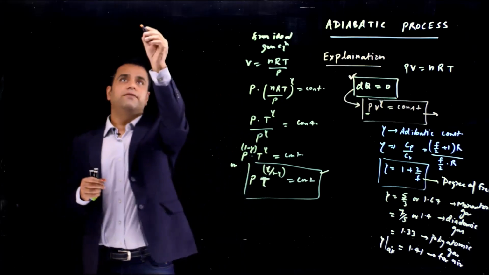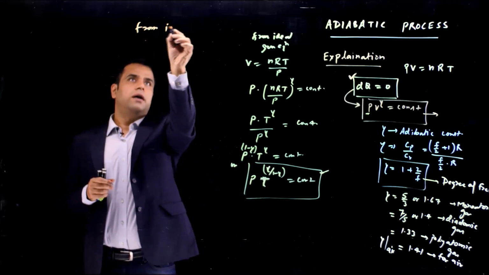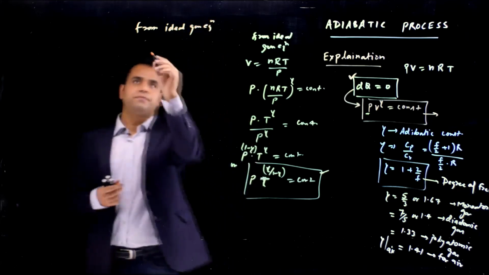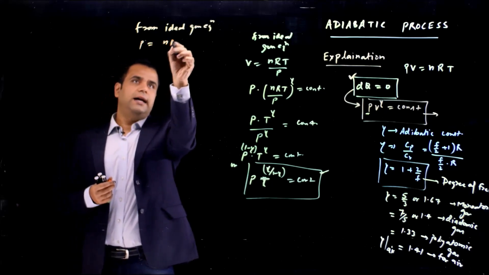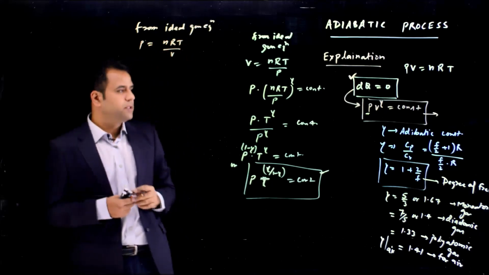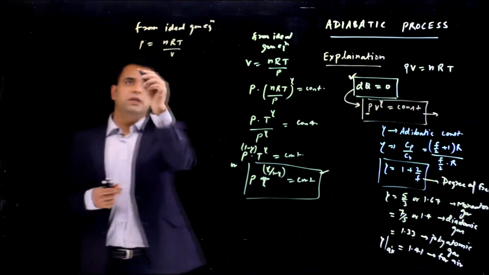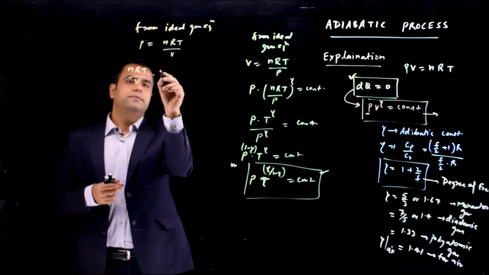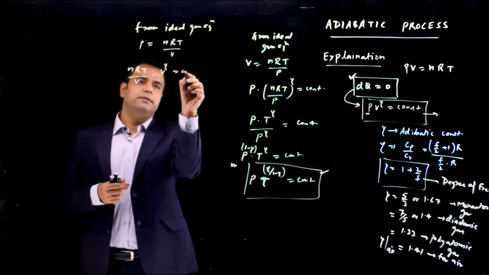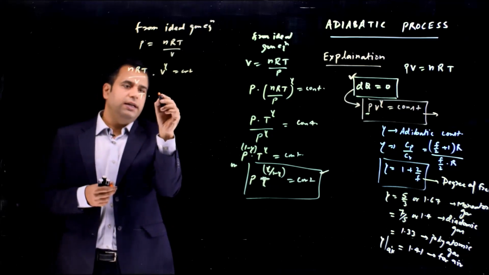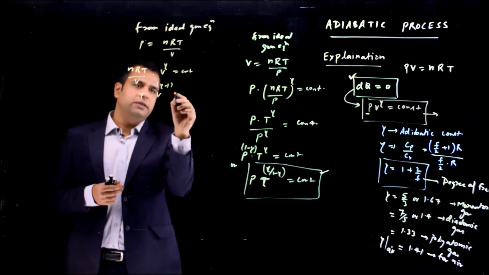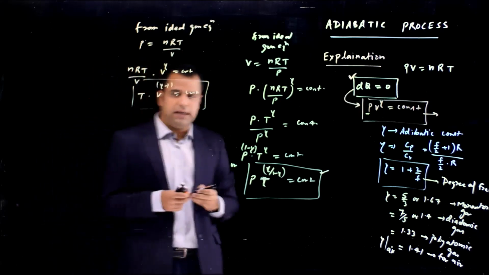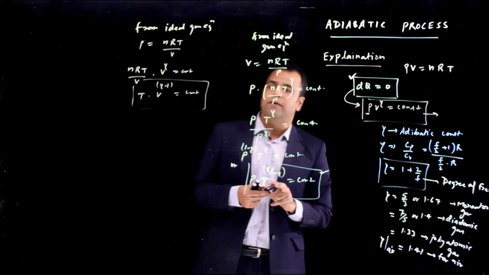Again, from the ideal gas equation, the value of P is nRT upon V. If we replace the value here, we'll get nRT by V to the power gamma is constant, or we can say it will be T V to the power gamma minus 1 times constant. So this is your adiabatic gas equation in terms of temperature and volume as the variables.